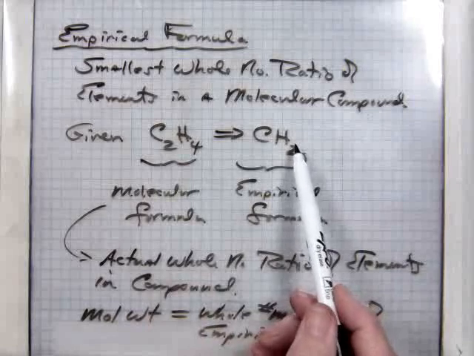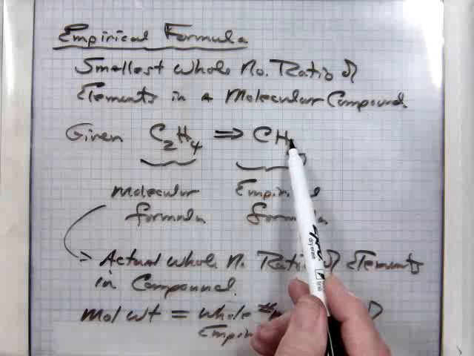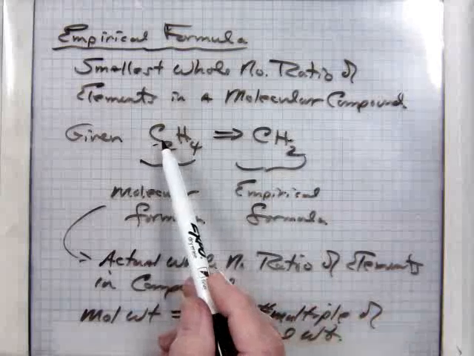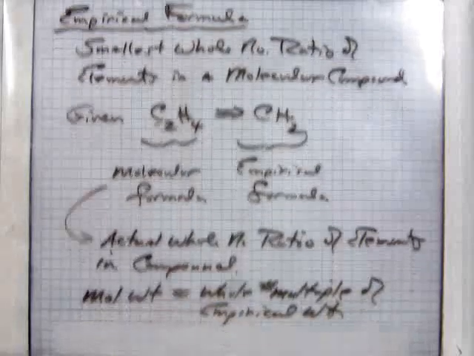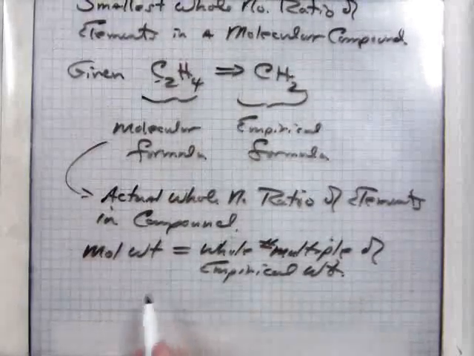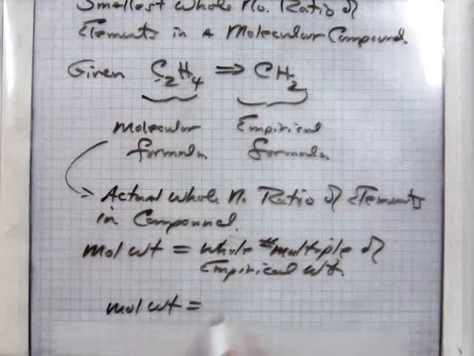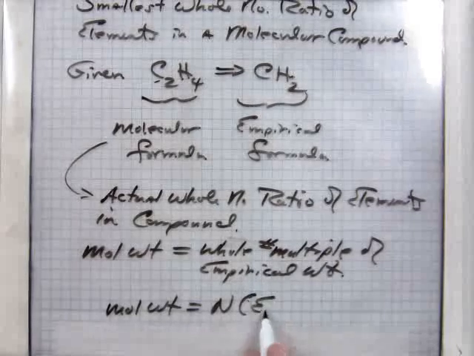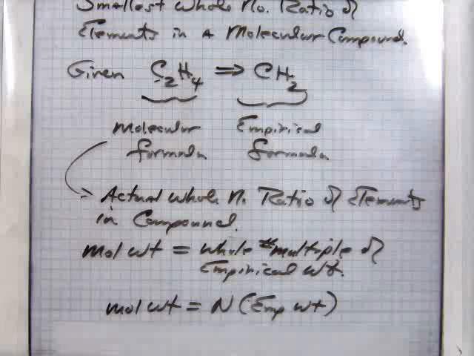If you take the 12 and 2, 14, and double that, you will get the mass of the C2H4. And so it's frequently written simply as molecular weight equals N times empirical weight. We'll use that in the sequence of the formulas we're going to be using in a minute.